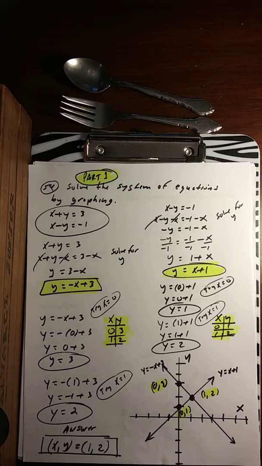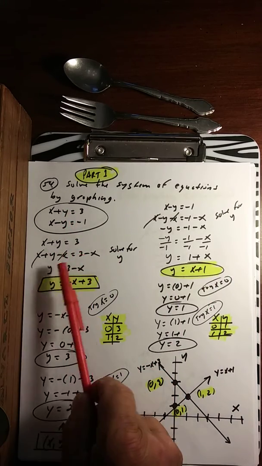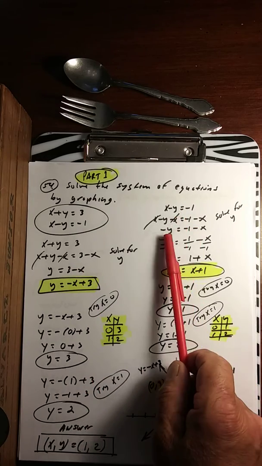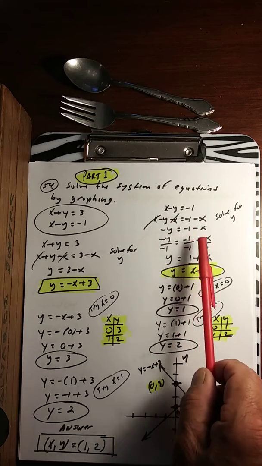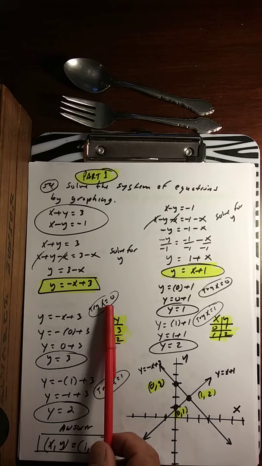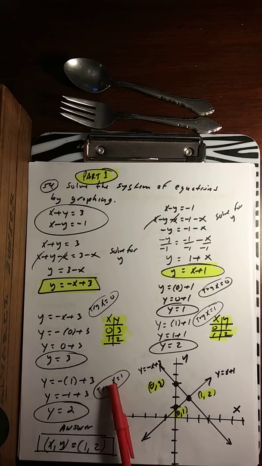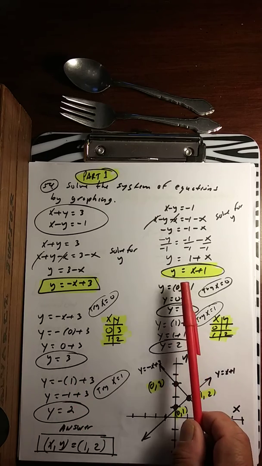Solve the system of equations by graphing. Solve for y: minus x, y equals 3 minus x, or minus x plus 3. Solve for y: negative y equals this, divided by -1, so y equals 1 plus x, or y equals x plus 1. Try 0 in there: 0 is going to be 0 plus 3 is 3. Try 1 in there: -1 plus 3 is 2.